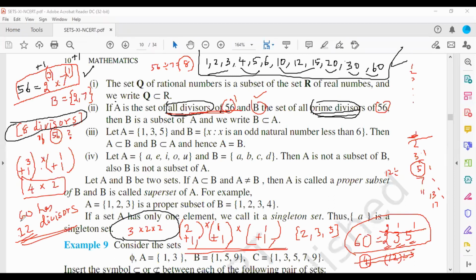So you get the number of factors. Then you can make your listing. So prime factors will be a subset: 2, 3, 5. It is a subset of all the factors. Any doubts?